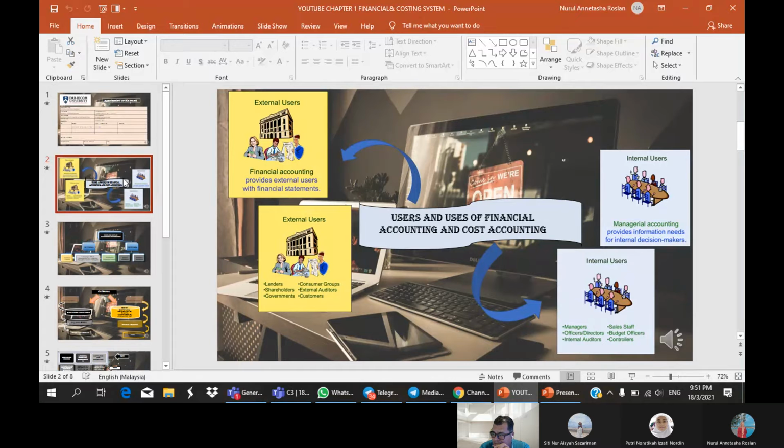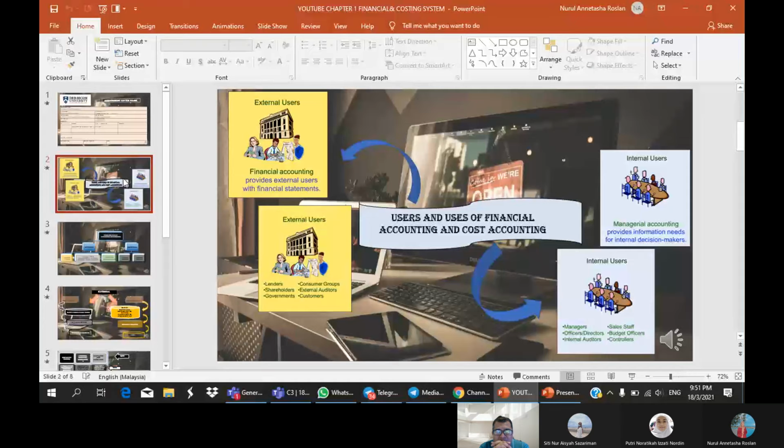Alright, for the internal users, managerial accounting provides the information needed for internal decision makers like manager, officer, director, internal auditor, staff, budget officer and controller. Alright, next.